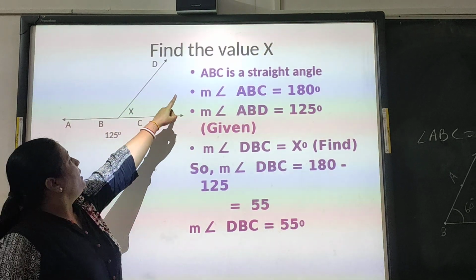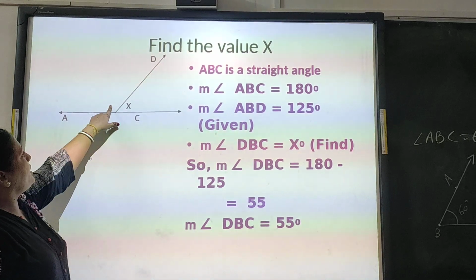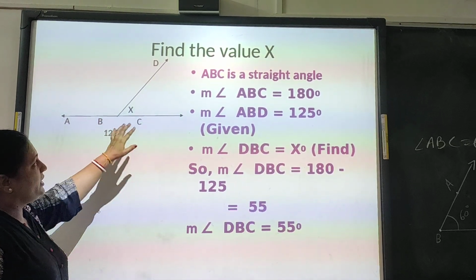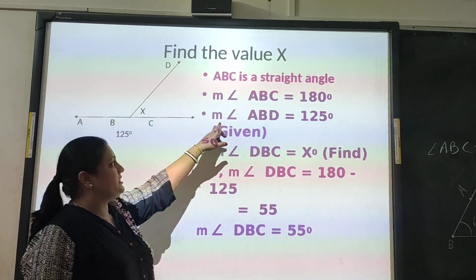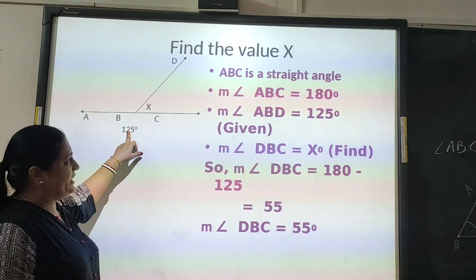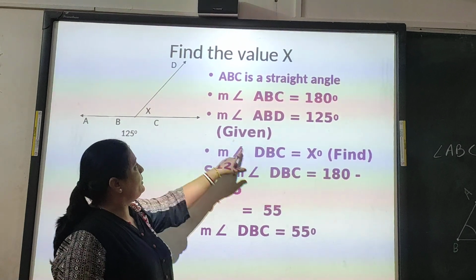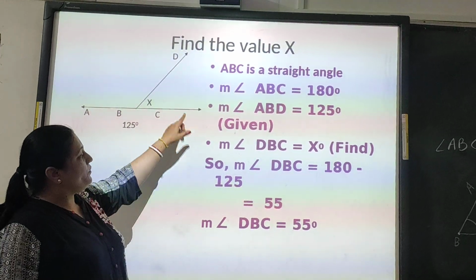Now see, the measure of this angle ABD is 125 degree. ABC is a straight angle, so the measure of ABC is 180 degree. The measure of angle ABD is given as 125 degree, and the measure of angle DBC is x degree, which we have to find. Now how to find it?